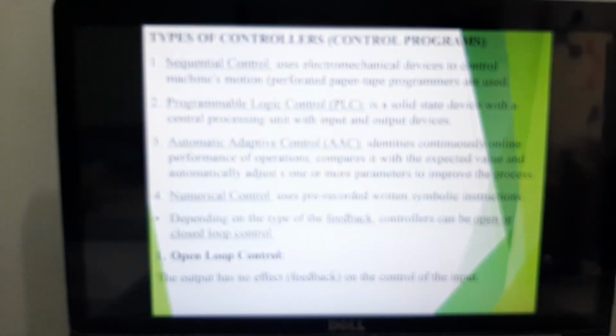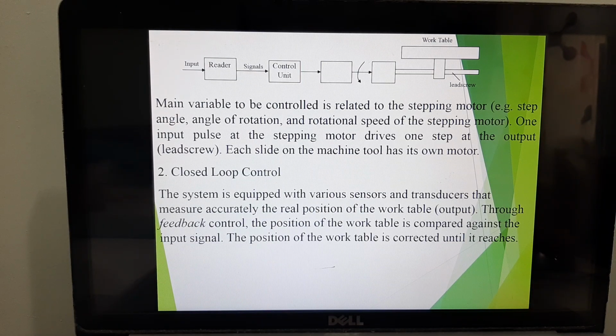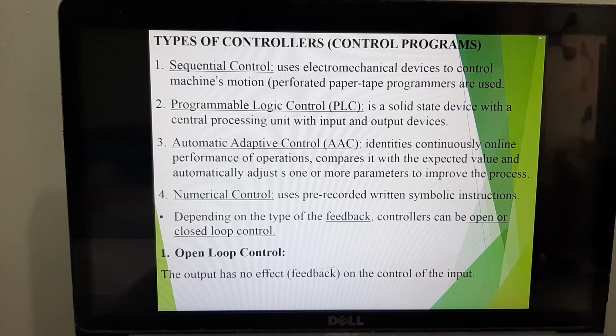Then secondly, we have closed loop control. An example would be automatic adaptive control. Automatic adaptive control is special because it can give you feedback. So it practices the closed loop mechanism. When you input, it will process the input, and if it finds that there is an error in the input, it will rectify and adjust to the closest value, and then it will prompt the user if the value is right.